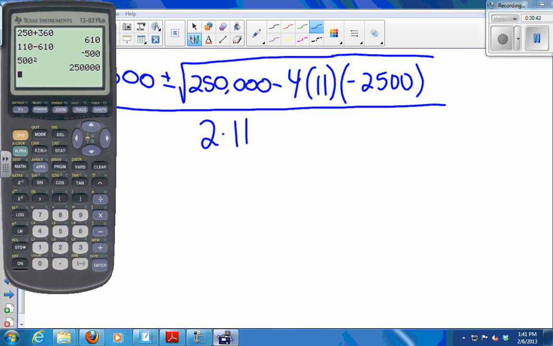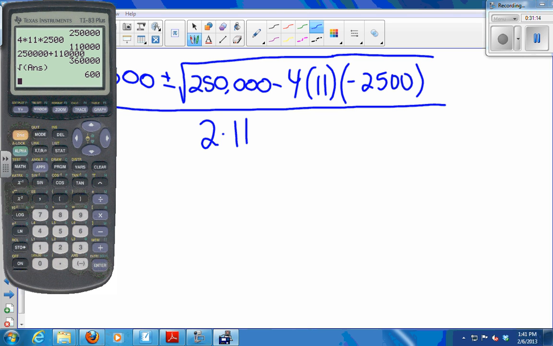So I have negative 4, 11, negative 2,500. When I multiply those all together, I'm going to get a plus. So 4 times 11 times 2,500 is 110,000. So 250,000 plus 110,000 is 360,000. Square root it.